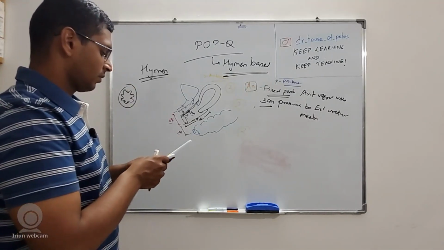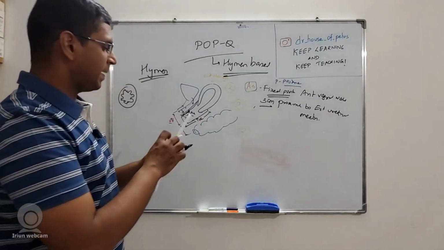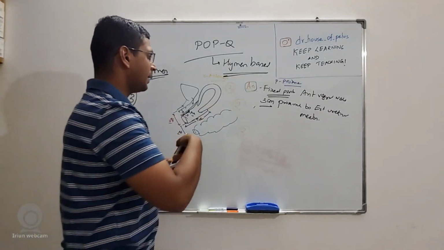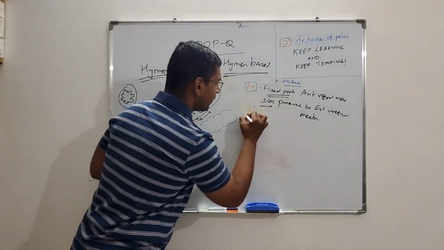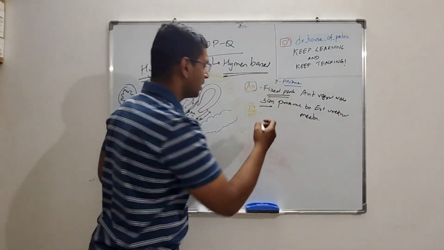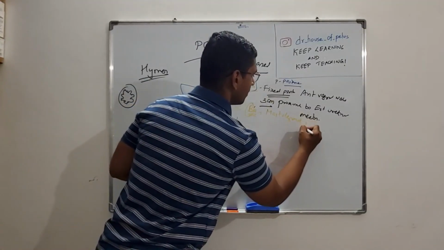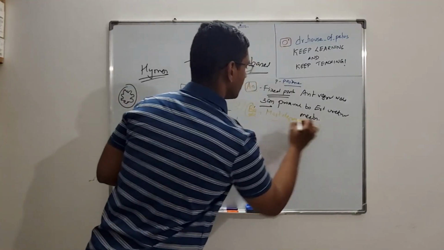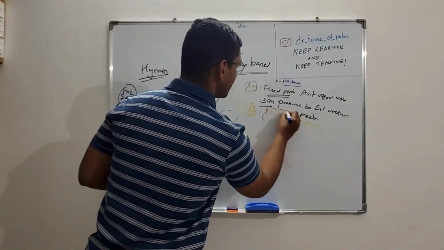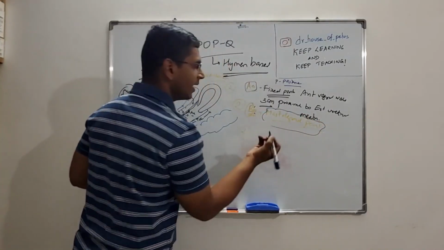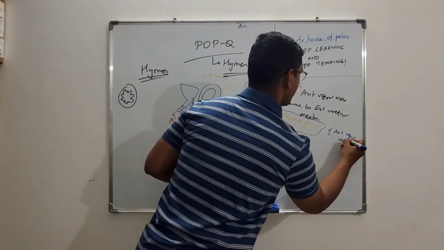Now we'll go to the point BA. The point B everywhere in the system depicts the most dependent point. When we say most dependent point, again the small a indicates the anterior vaginal wall.